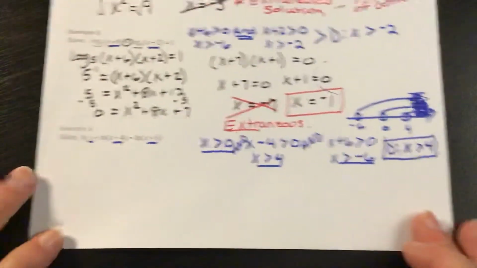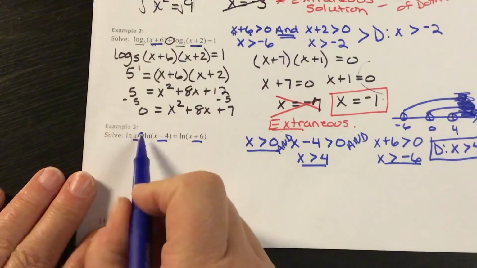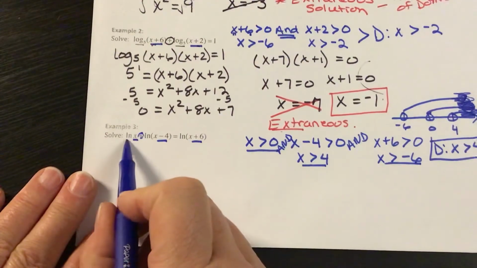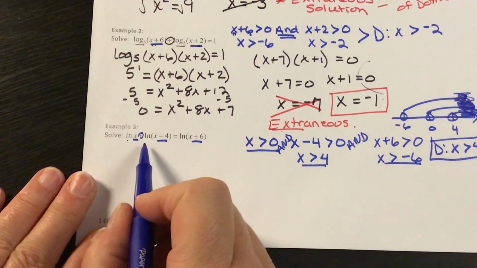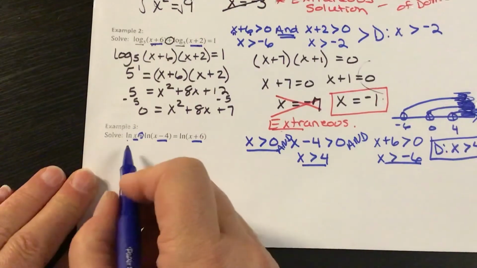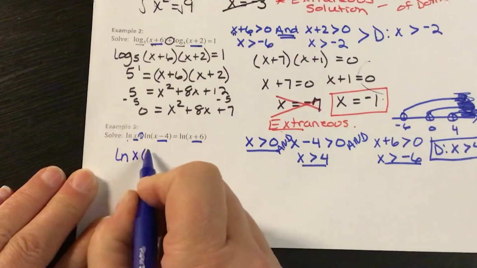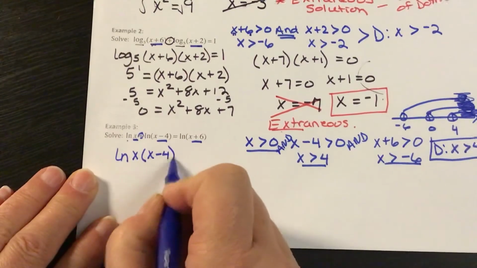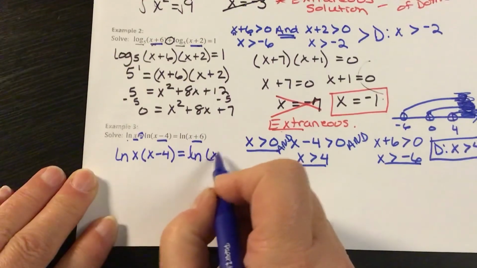All right, so let's look at our properties now. Here again, I'm adding these together. So I have the natural log, which means I have the same base, which is e. So I have ln of x times x minus 4 equals ln of x plus 6.